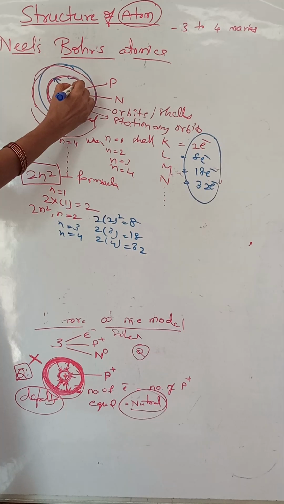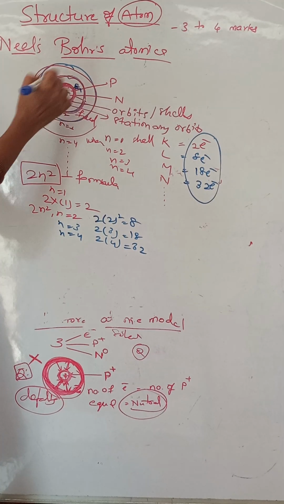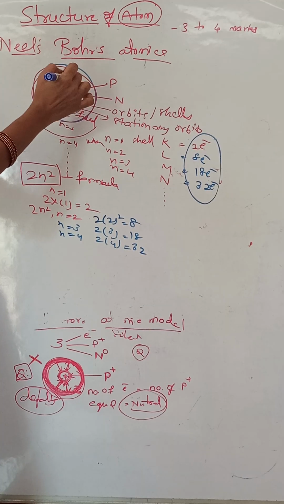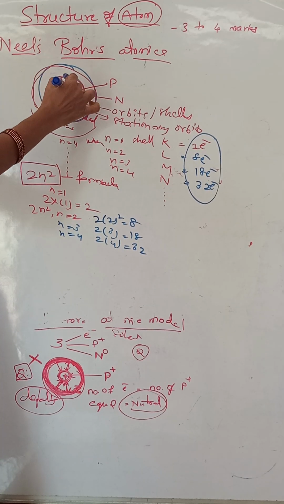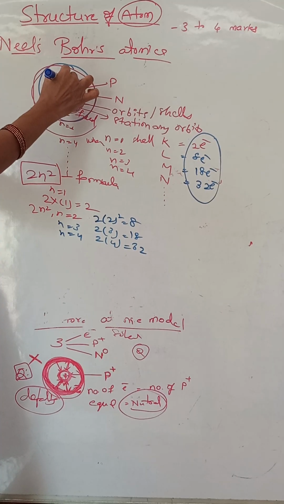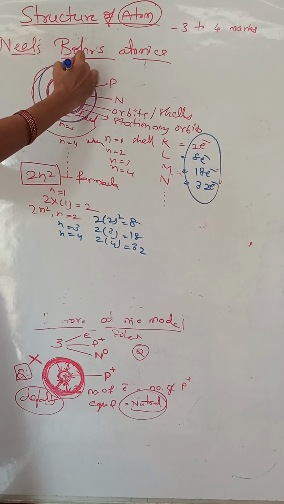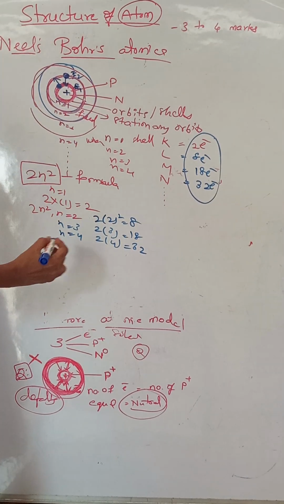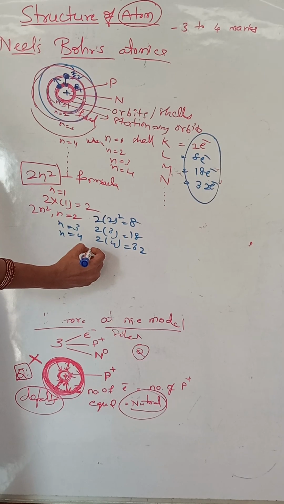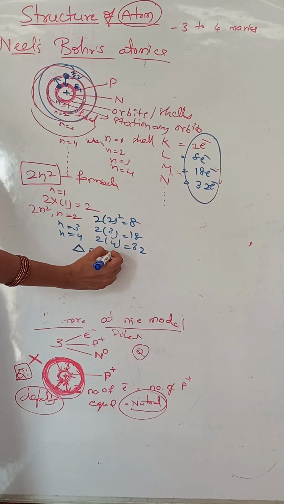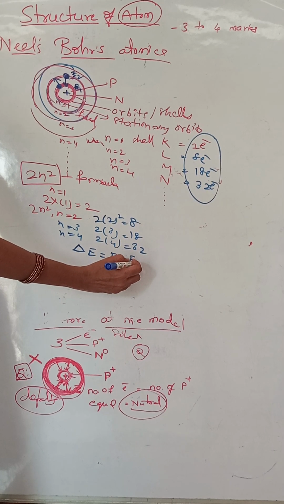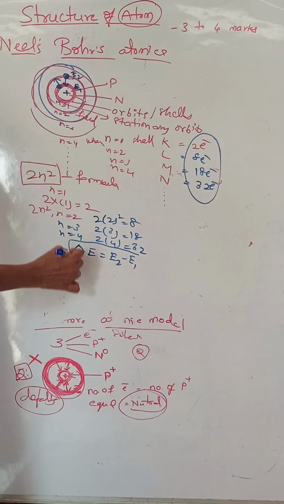This one is E1, and the second shell electrons jump to the first shell, that means the lower shell. Here electrons lose energy. That means delta E is equal to E2 minus E1.